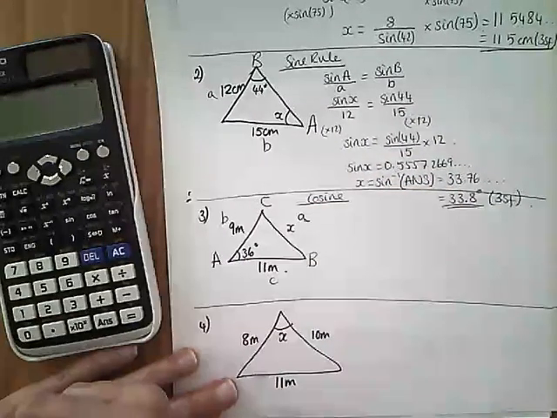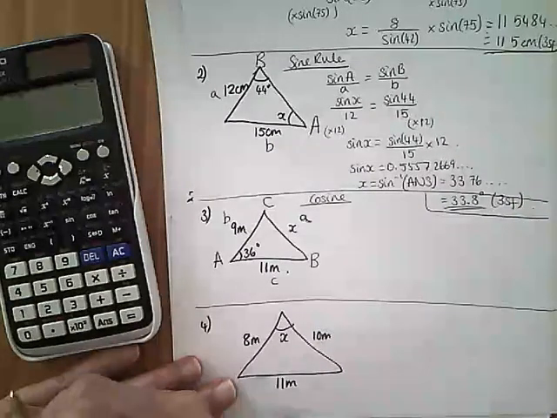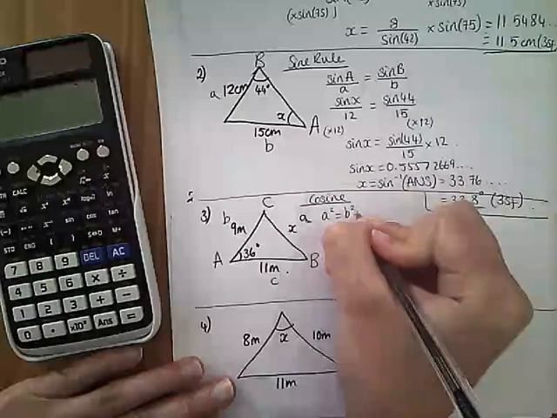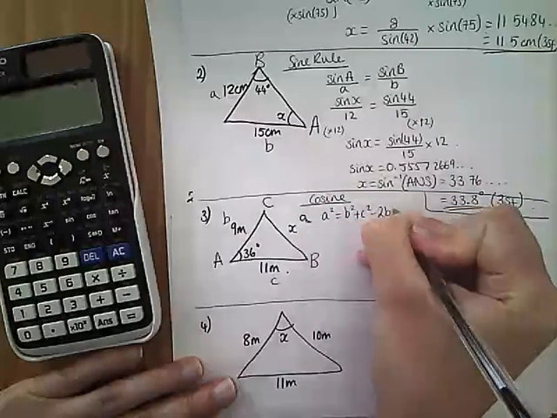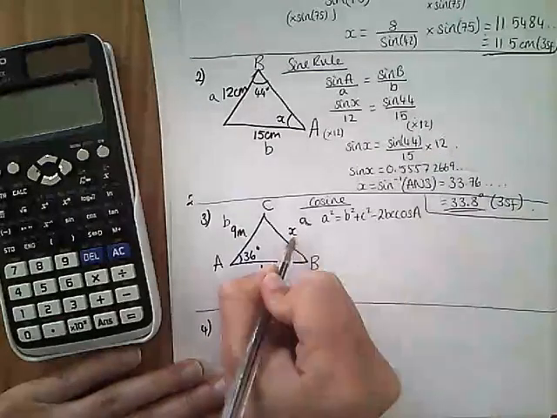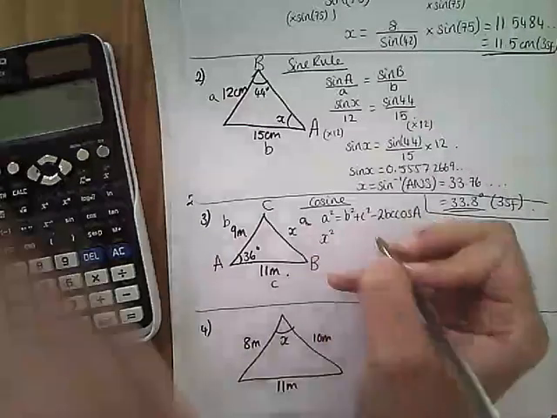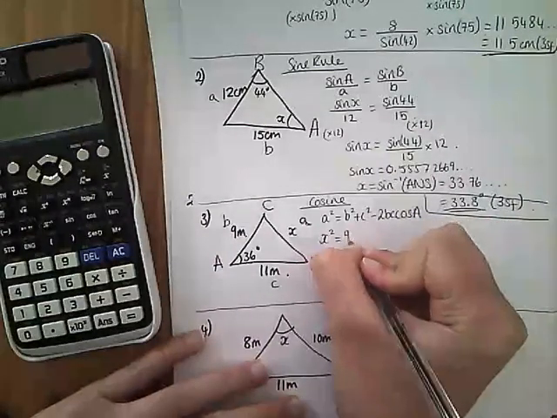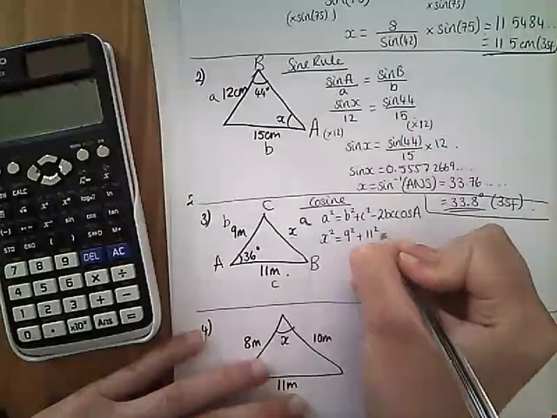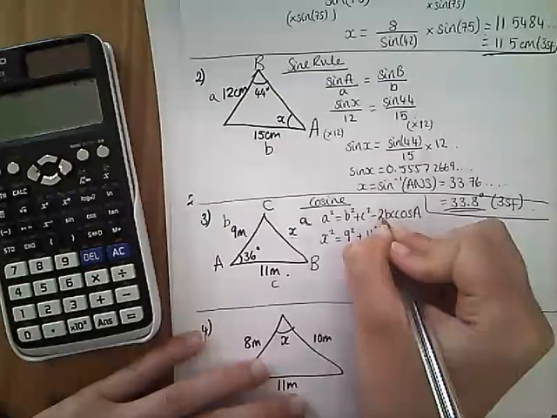We are trying to find a side, so we want this cosine rule: a squared equals b squared plus c squared minus 2bc cos A. We've already labelled the triangle, so the rest is easy. So a is x, so we've got x squared equals b, which is 9, 9 squared, plus c, which is 11, 11 squared, minus 2 times b times c.